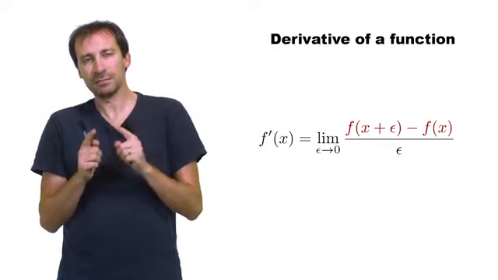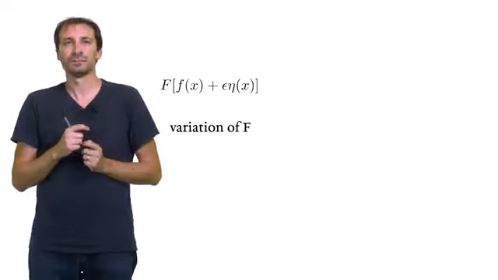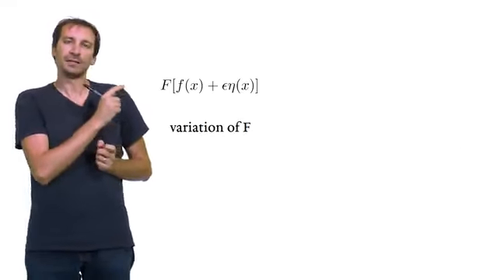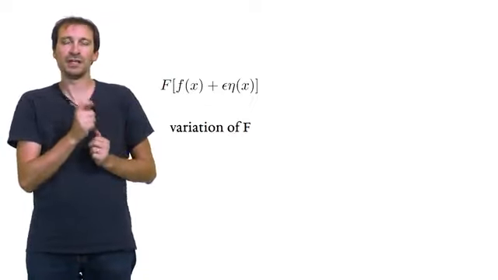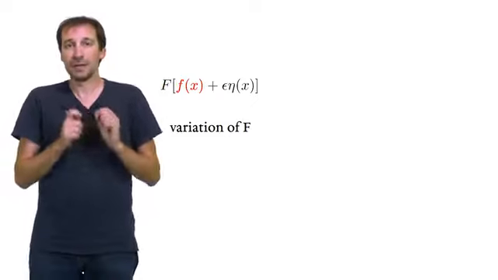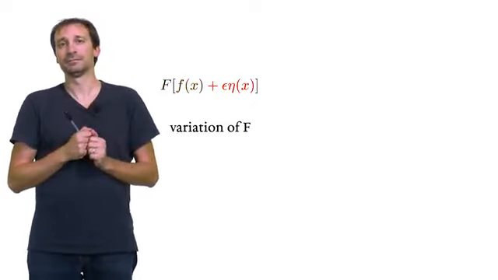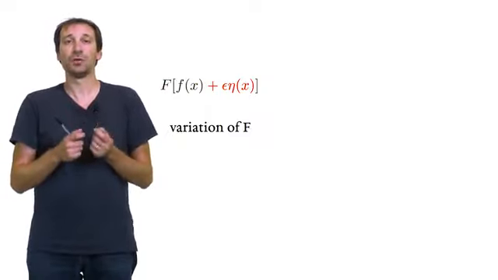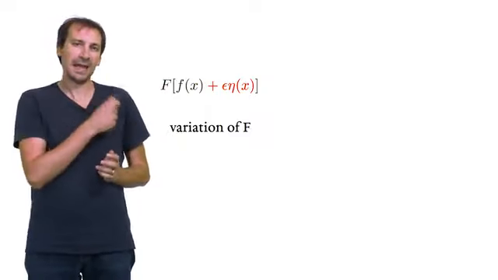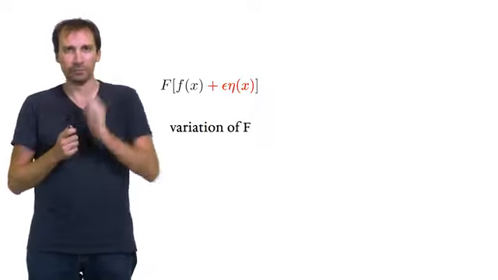Let's do the same with the functional. We have to construct the functional at a varied function, which is here just f plus epsilon eta. Eta is a generic function, sometimes it is called the test function, and epsilon is the infinitesimal, the small quantity.